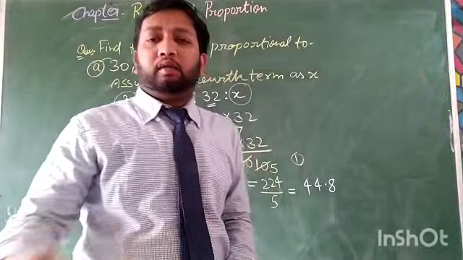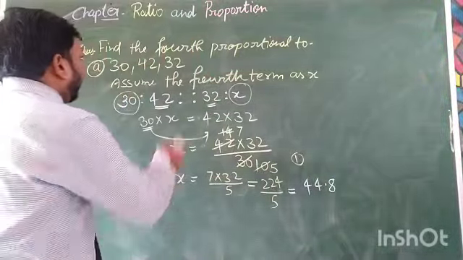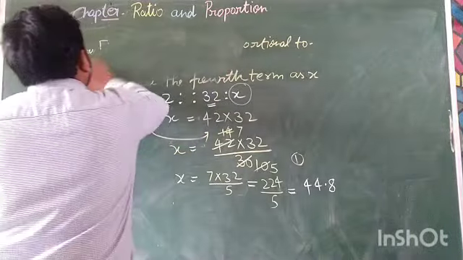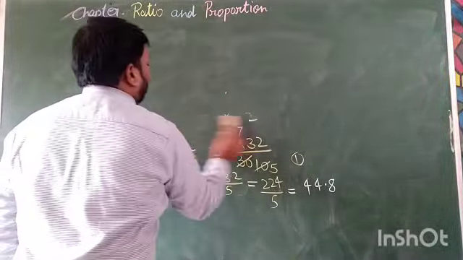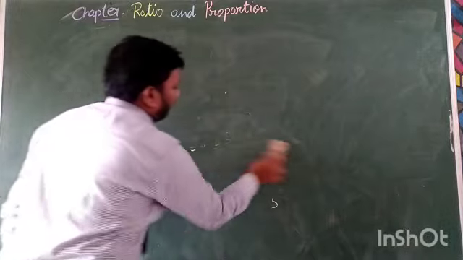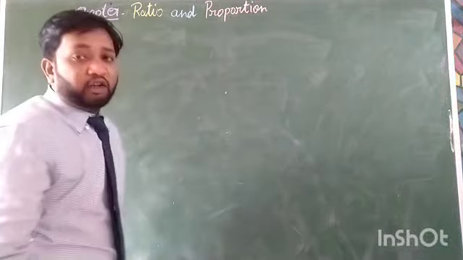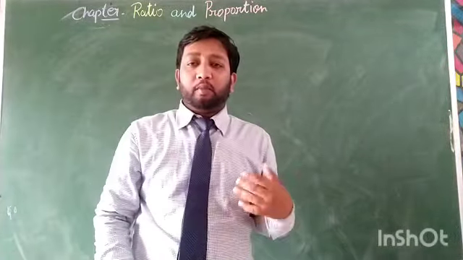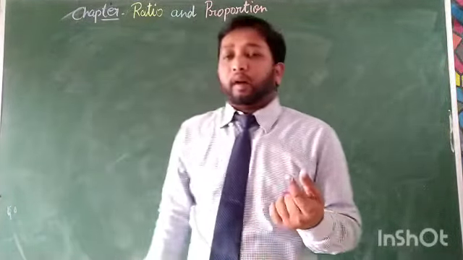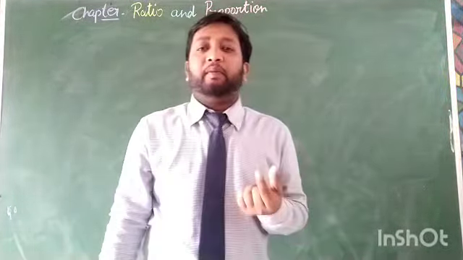So this is the solution of the question. Now moving further, after solving this, we will learn a new topic known as continued proportion. So what is a continued proportion? For proportionality we need 4 terms.